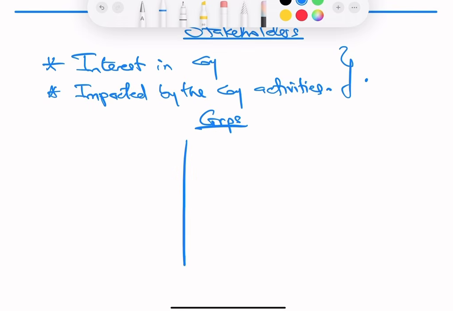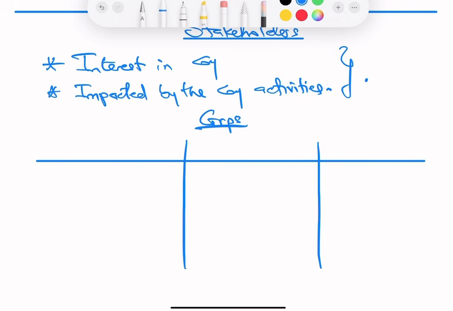You can categorize them into 3 major groups based on their closeness to the operations of the company. The first one is the internal group stakeholders. You have the connected stakeholders, and you have the external stakeholders. Internal means these are the guys who are sitting inside the organization.